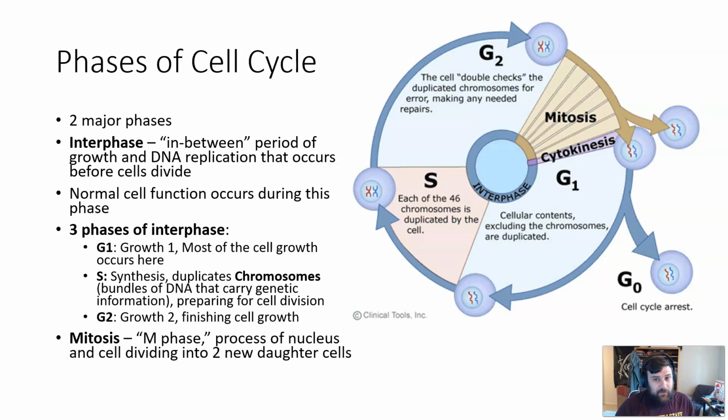The second of the two major phases is the mitosis, or M phase. And this is the process of the nucleus and the cell itself dividing into the two new daughter cells. So, before we move on, I want you to tell me, what are the main things that occur during interphase?